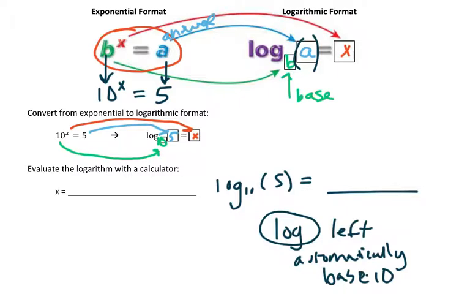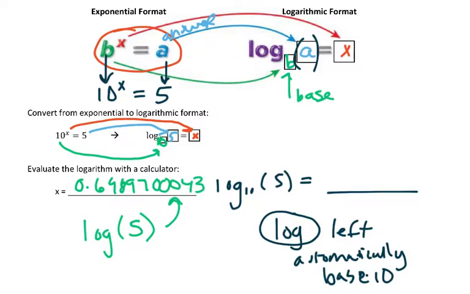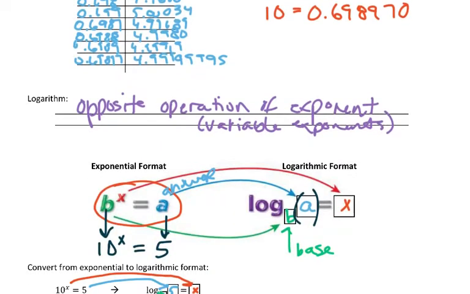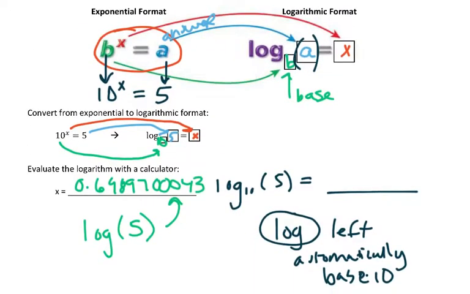So you can just press that, and on your calculator screen you're going to see log, and then it's going to come up with a parenthesis. You'll type 5 and then end the parenthesis, and press enter and get 0.698970043, which of course, after guessing and checking, was very close to what we started to get. So that is the idea of our introduction to log.